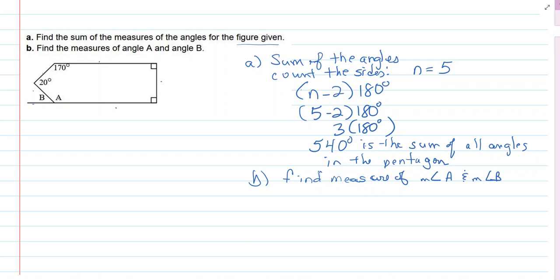All right. So we can do A first. We know that we have 90 degrees here because they're right angles. And we know the total. So we're going to use that 540 degrees has to equal the 170 degrees plus the 20 degrees plus 90 degrees plus 90 degrees plus the measure of angle A. So we're going to add these guys up.